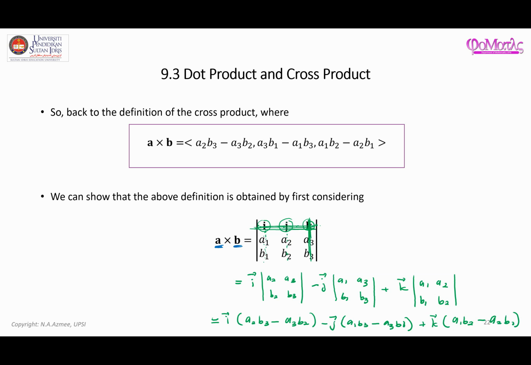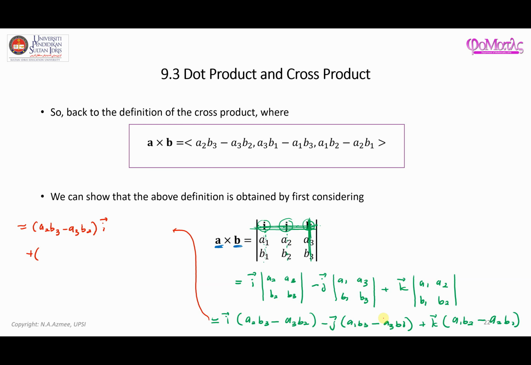Okay, so now you can express it in terms of the standard basis vector. So this is the same thing as having a2 b3 minus a3 b2 vector I. So for this one, since this is negative, what we can do is we can say the negative here will become negative, and this one will become positive.